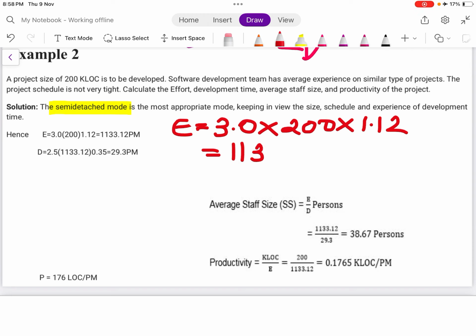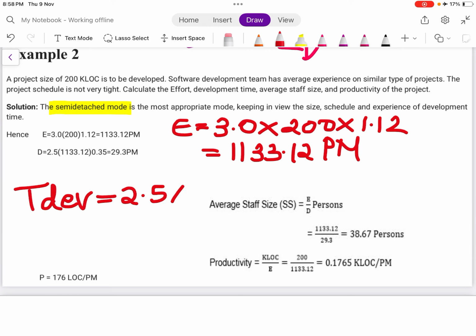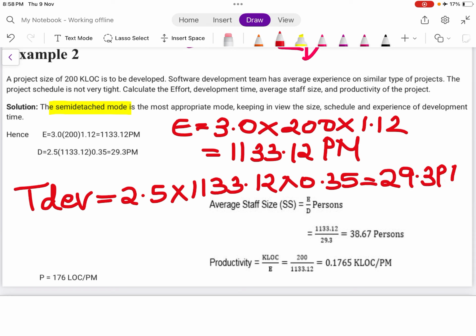We get effort as 1133.12 PM. And your TDEV is 2.5 into effort, that is 1133.12, to the power 0.35, that is 29.3 months.